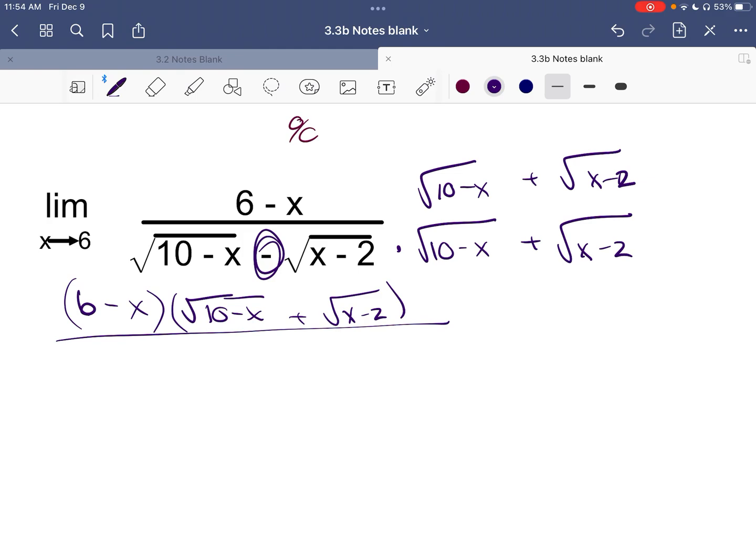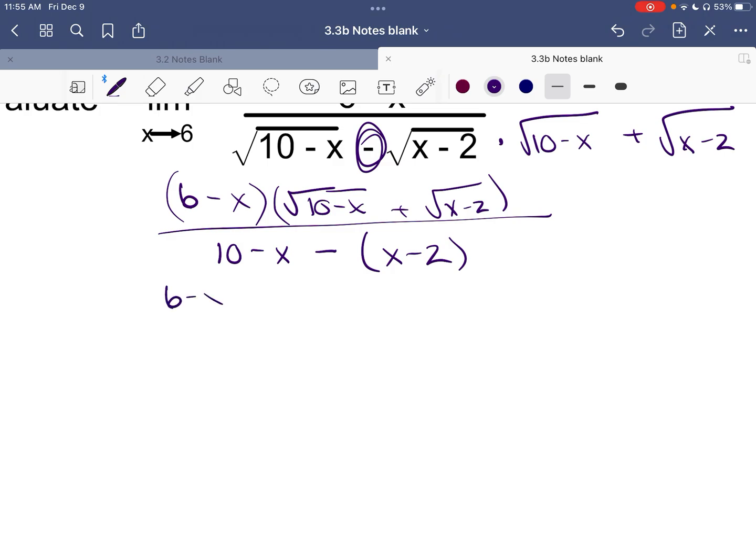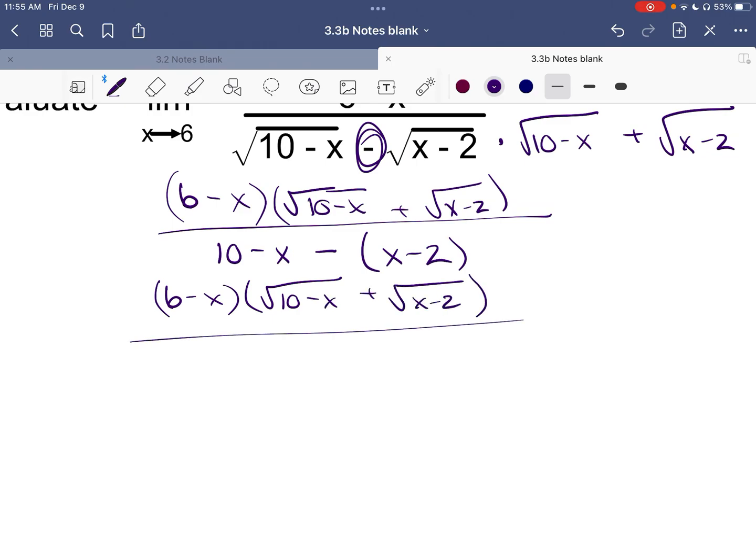all over. So now it's going to be the first term squared, so that's going to be 10 minus x minus the last term squared. Don't forget to leave your brackets in there because we need to distribute that negative. So 6 minus x, root of 10 minus x plus the root of x minus 2 all over, so 10 plus 2 is 12, negative x plus, something happened.